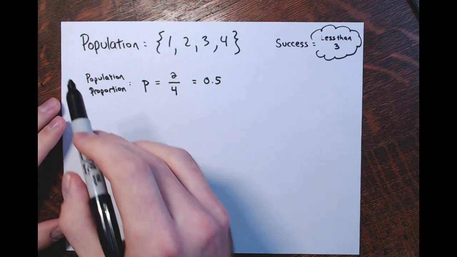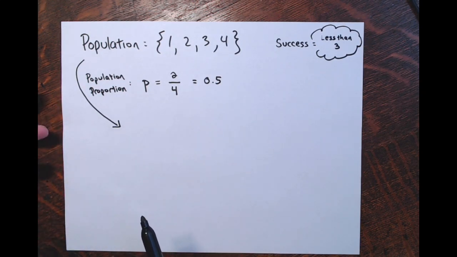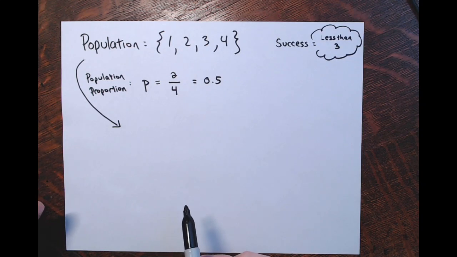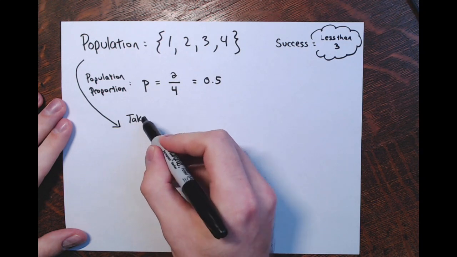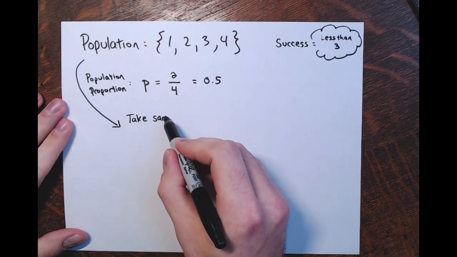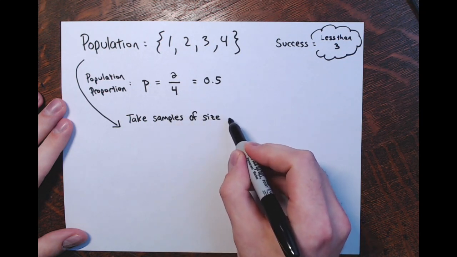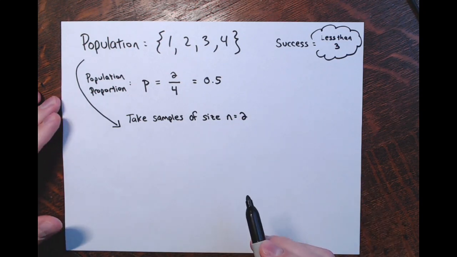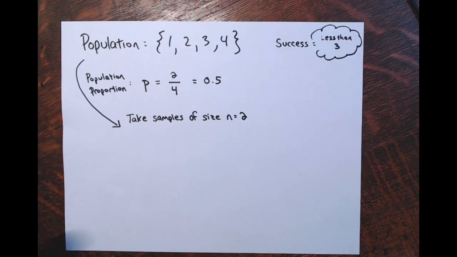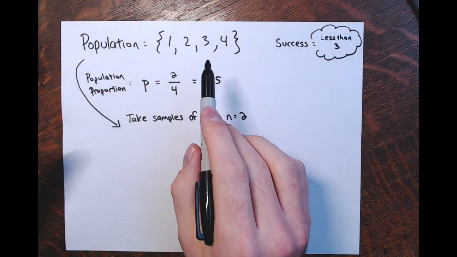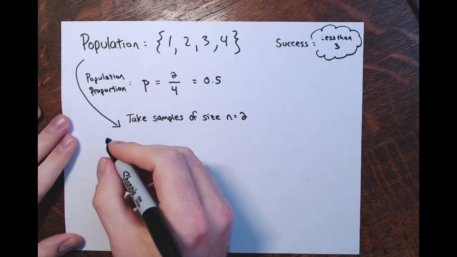Now from the population, I'm going to do small samples because I don't want to write too much. I'm going to take samples of size 2, and we're going to look at all possible samples of size n equals 2, where I can repeat values, and then their proportions.